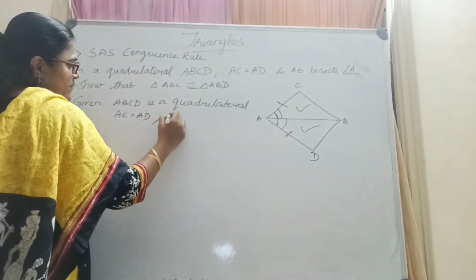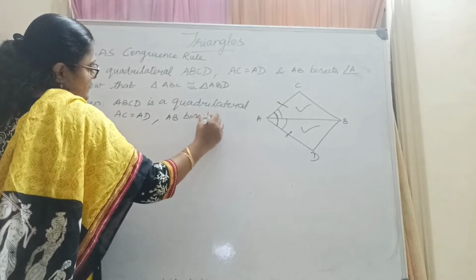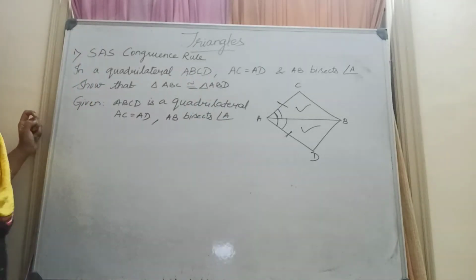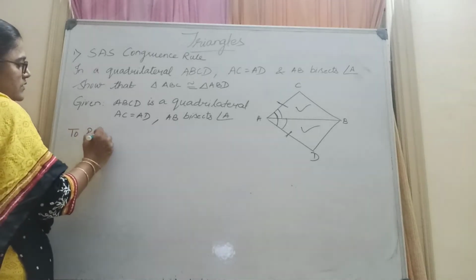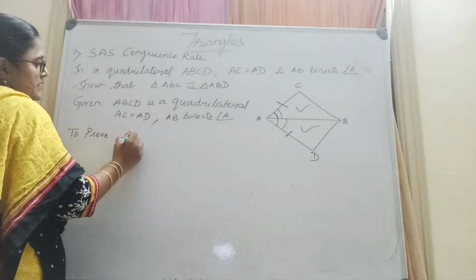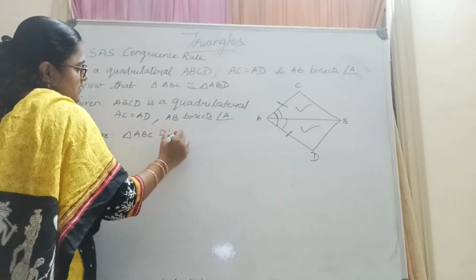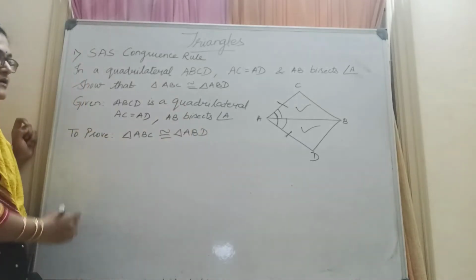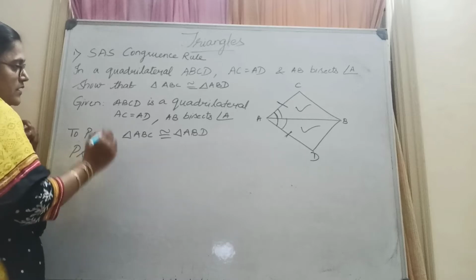And also AB bisects angle A is given. Right? Now, we have to prove that. So, to prove triangle ABC is congruent to triangle ABD. Fine. Now, we move on to the proof.